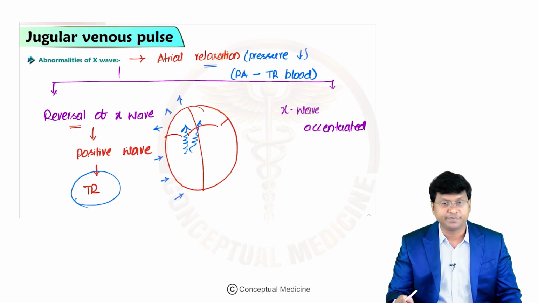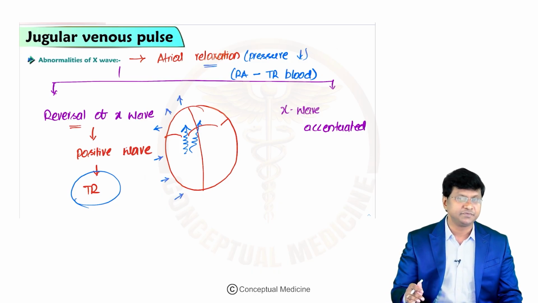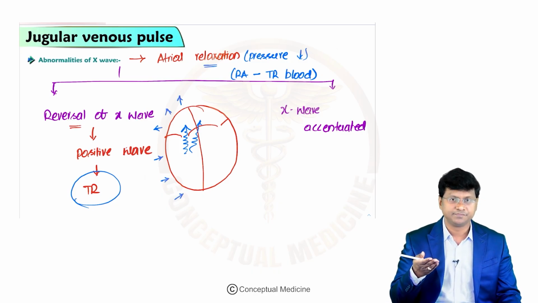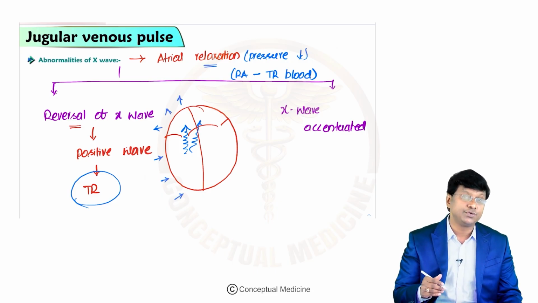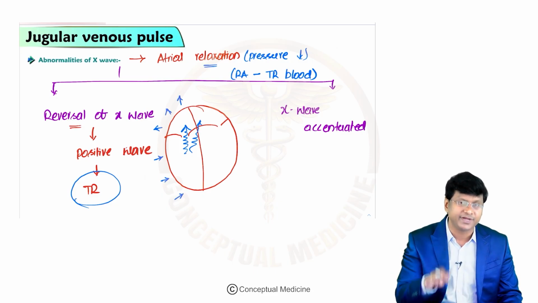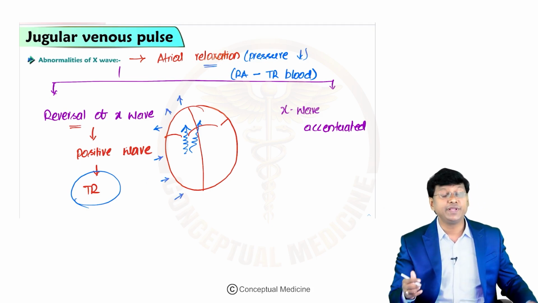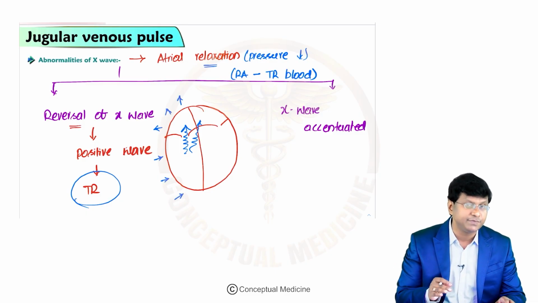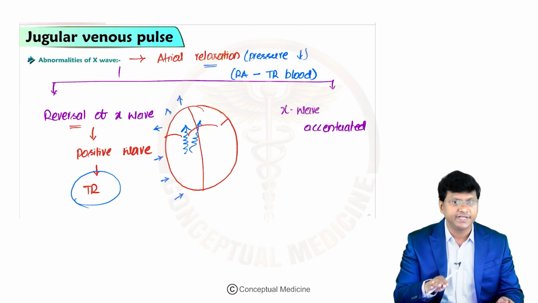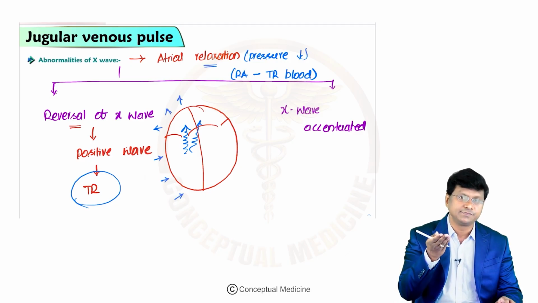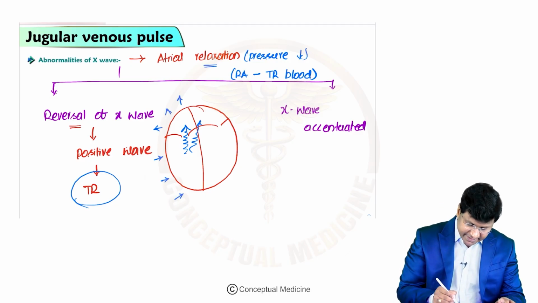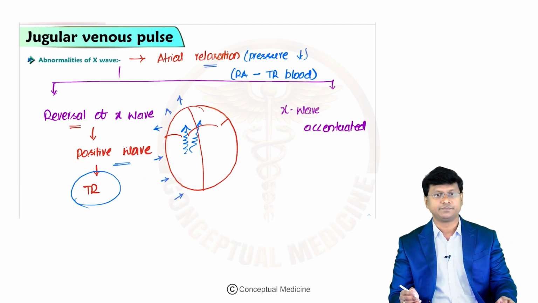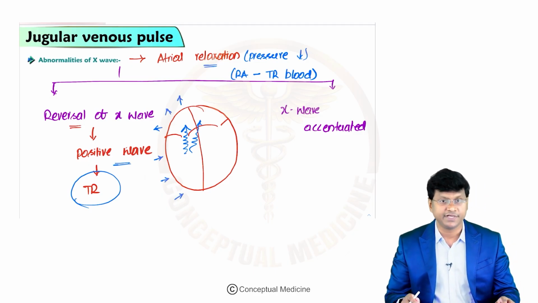Thereby, the pressure within the right atrium increases, whereas during relaxation it should reduce. So instead of decreasing, the pressure increases, and thereby it becomes a positive wave. That is what is called reversal of the X wave.